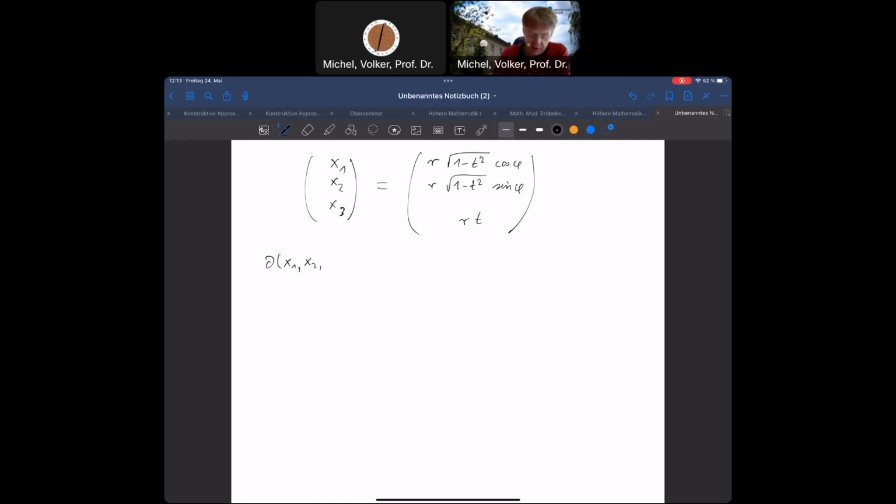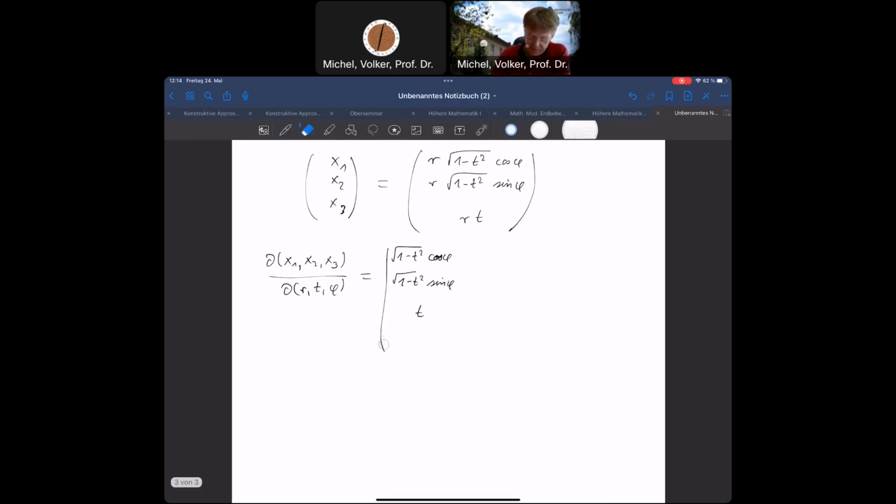One way of writing that Jacobian would be this here. Well, let me start with t. So we first have to differentiate by r, which is very simple. Okay, so then the next one has to be the derivative with respect to t.